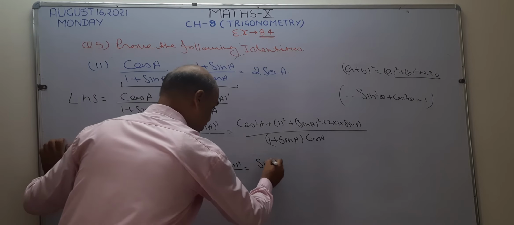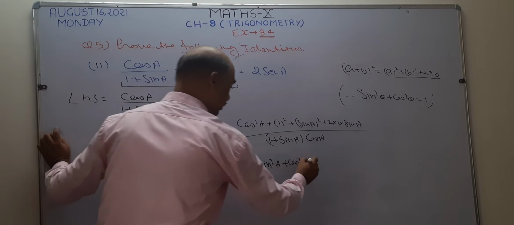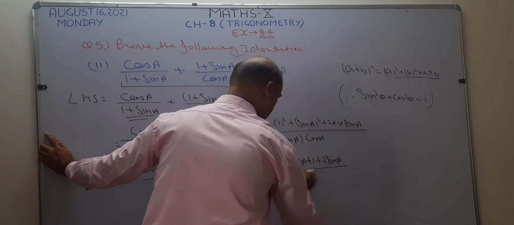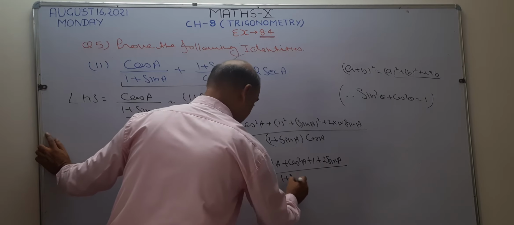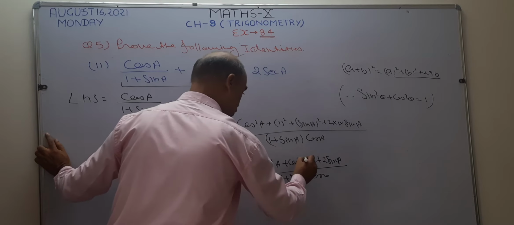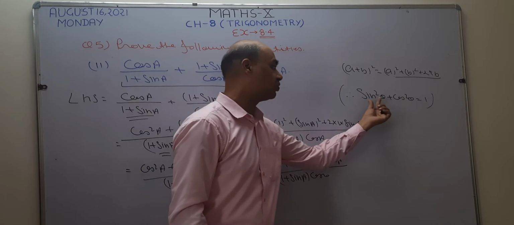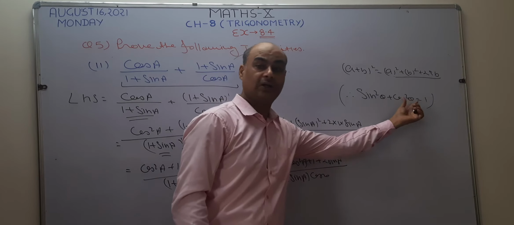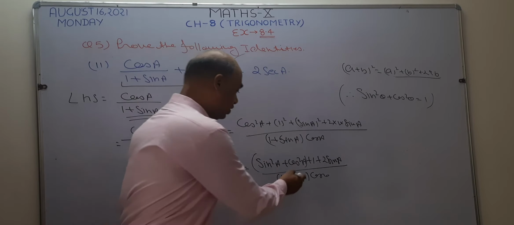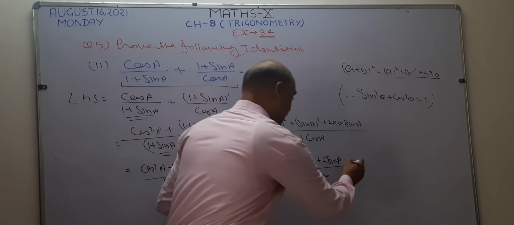I write here sin square A plus cos square A. After that what is left? 1 and after that 2 sin A. I write here 2 sin A and the denominator part is going to remain same, which is 1 plus sin A into cos A. Now these two terms, sin square A plus cos square A, become 1 by using this identity. So instead of these two terms I want to write 1.